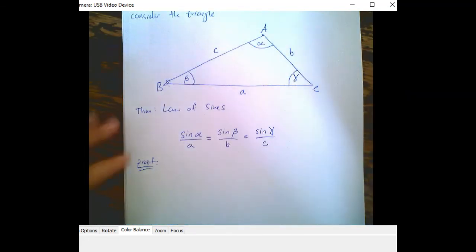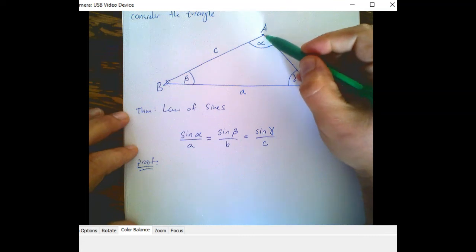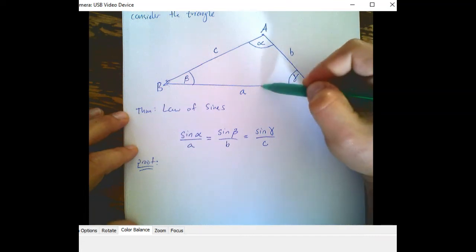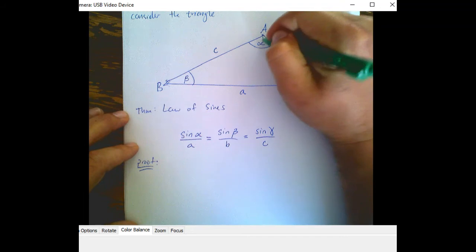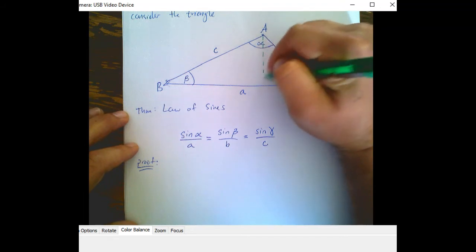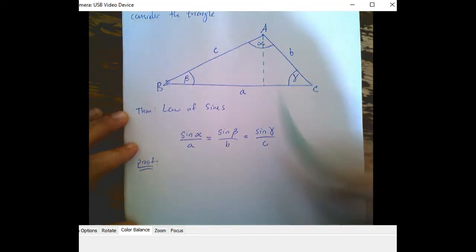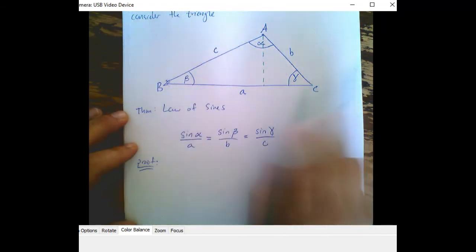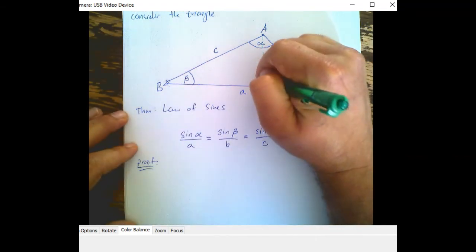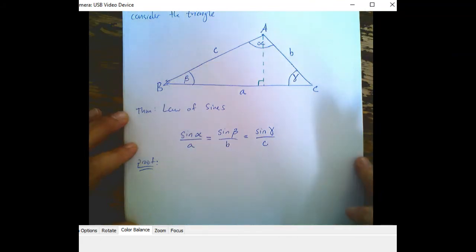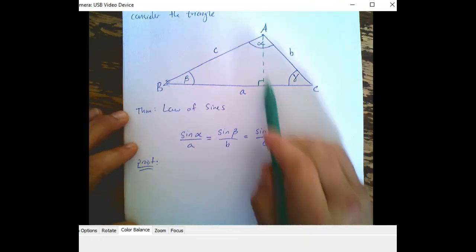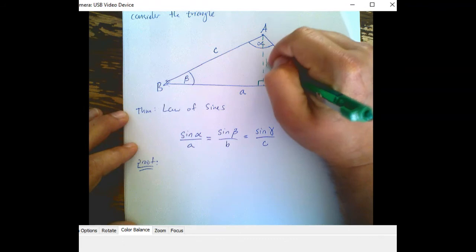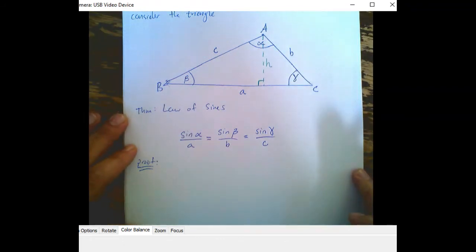I can draw a line from vertex A down to its side, in a dotted line here, so that it is perpendicular to this bottom side. So here we have a right angle. And let's call this distance h for height.